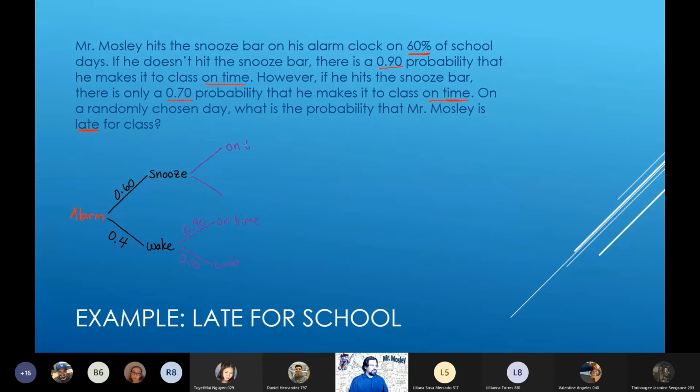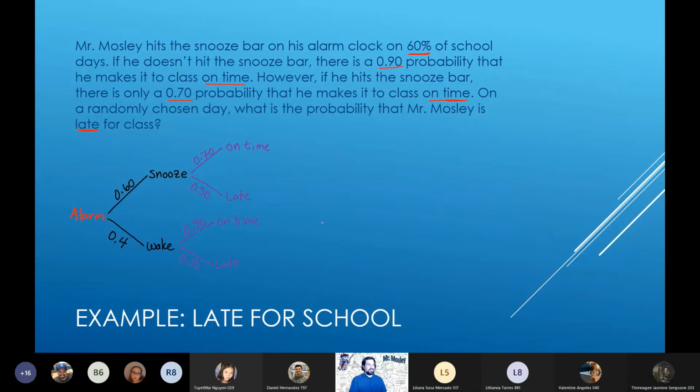If I hit snooze, I have the same two options. I can be on time or I can be late. When I hit snooze, I have a 70% chance or a 0.7 probability that I make it to class on time, which leaves a 30% chance or a 0.3 probability of being late. So this is my tree diagram for this scenario.